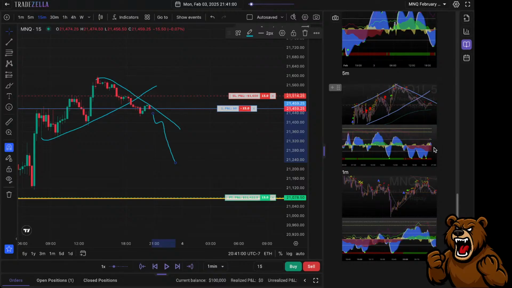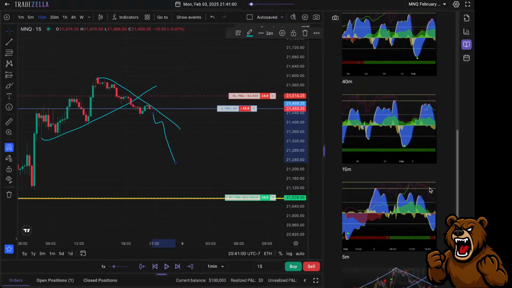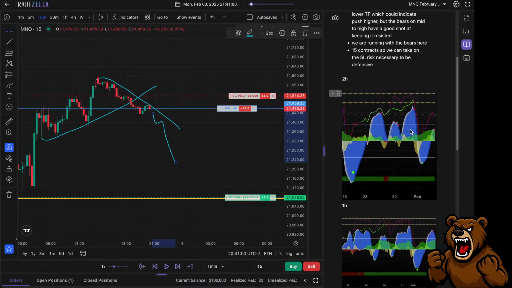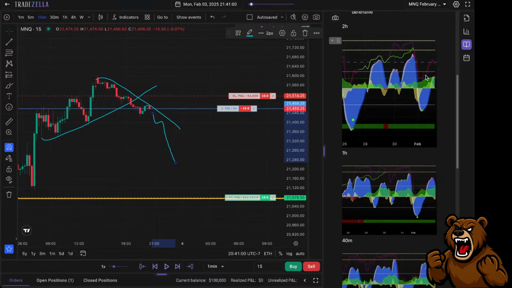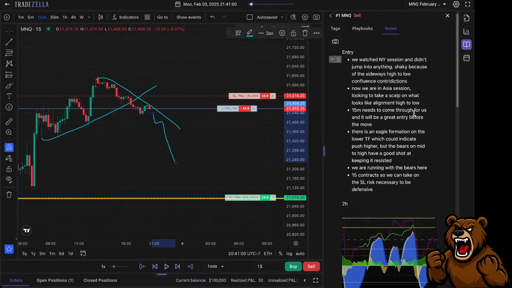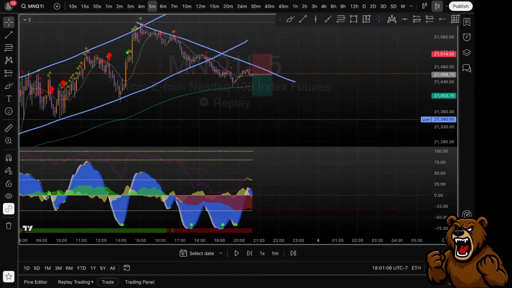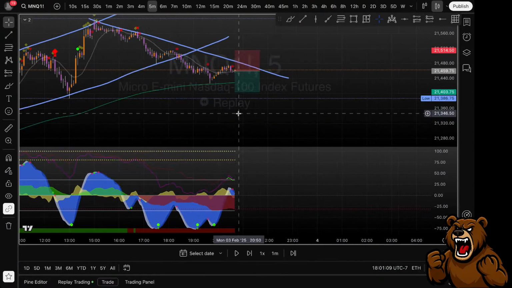Looking for the 5 minute to kick it off, the 15 to carry it, and then we should see the 40 up to the 2 hour, where we really love. You see what I'm saying? This is our ceiling. If this thing gets a green dot beside it, we're hosed.